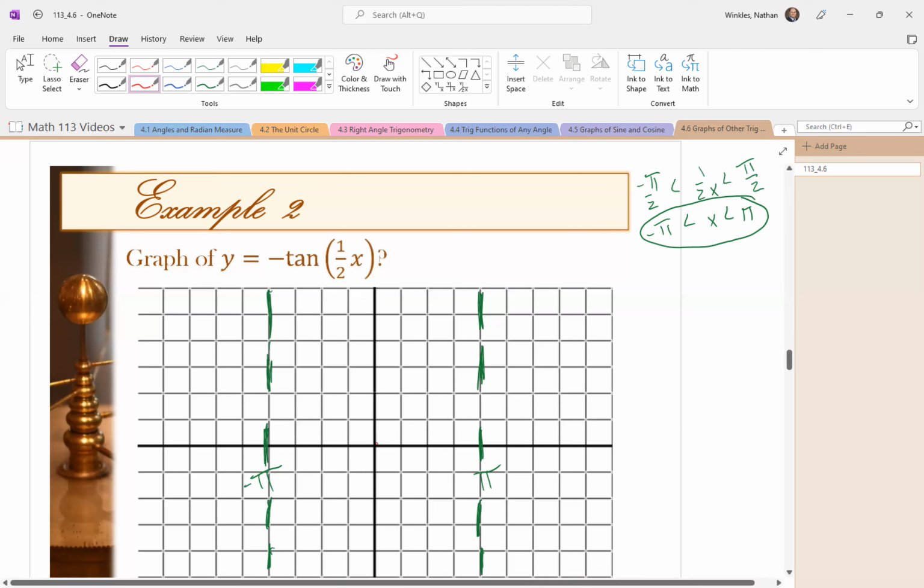So halfway between is going to put me right here. Now, keep in mind, this is a negative. So that means that at 1/4 of the way between them, we're going to be at a positive a, so that's going to be at 1. And then 3/4 of the way, we will be at -1.